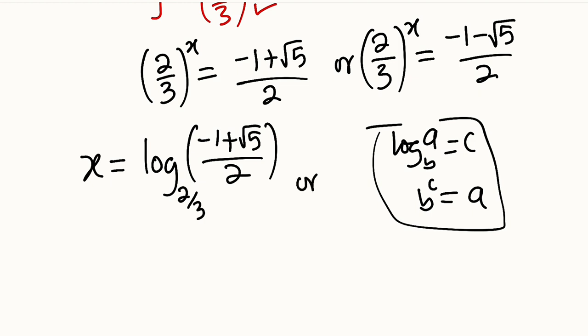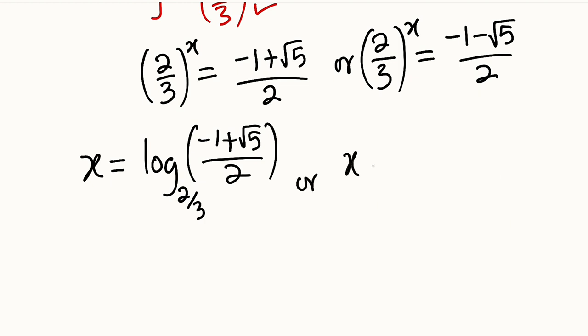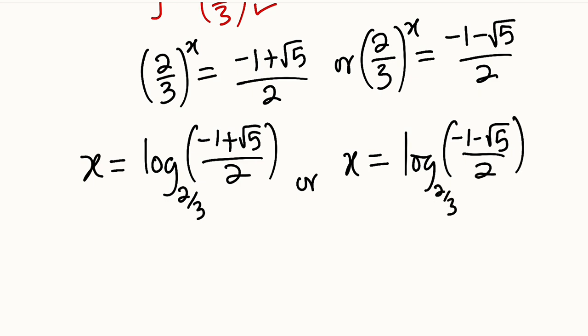Or the second one, x equal to logarithm of minus 1 minus root 5 divided by 2 base 2 over 3. But x cannot be equal to this because this is a negative value. We don't have a logarithm of a negative. Therefore, we are going to consider the first as our solution.